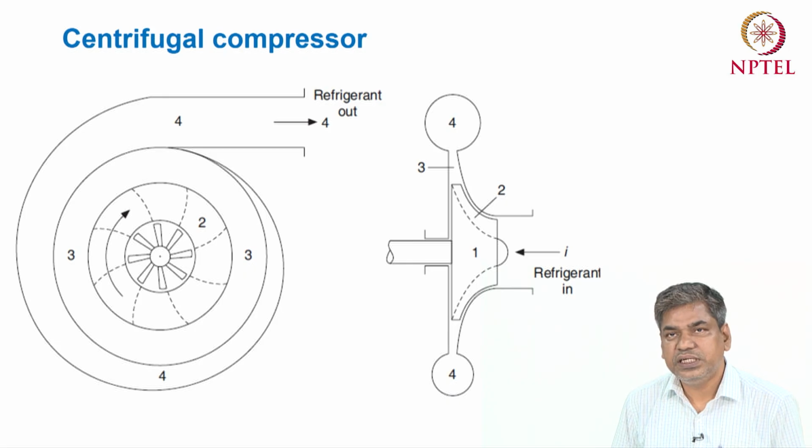So the pressure is increased due to the conversion of kinetic energy to pressure energy. The electrical energy is first converted to mechanical energy, mechanical energy is converted to kinetic energy, and then kinetic energy is converted to pressure energy. By this way the pressure of the refrigerant is increased in the centrifugal compressor.